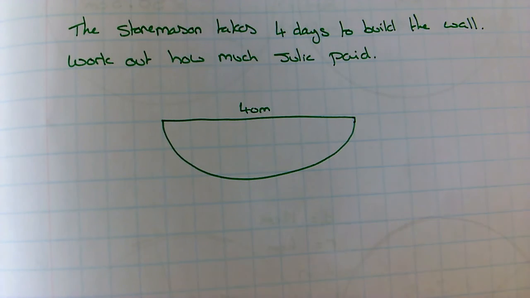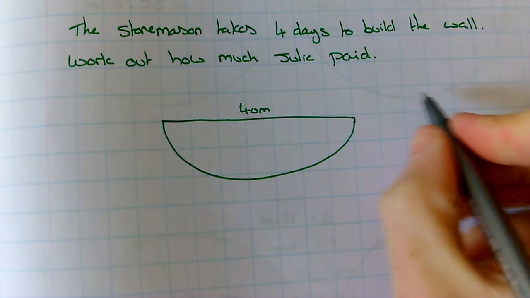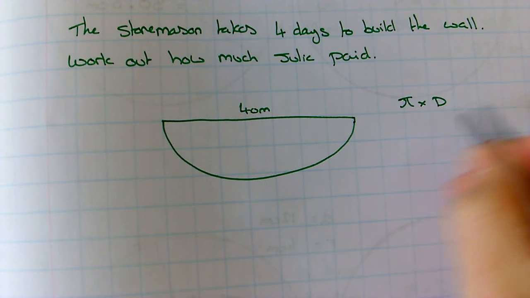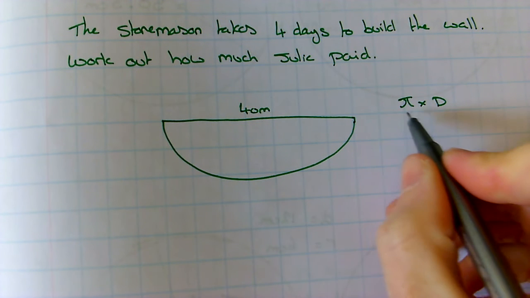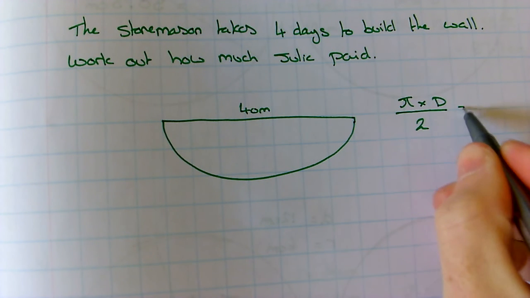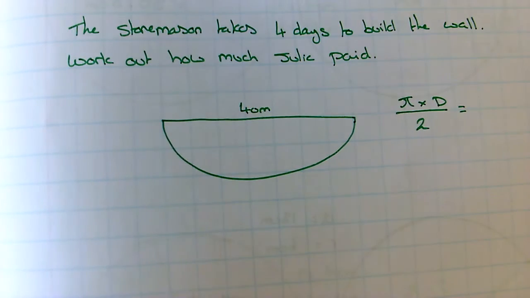Okay, so from here we could do some working out. We could work out the distance around the edge of this semicircle. Now, if it was a whole circle, we'd be doing pi times d, but because this is only half of a circle, we're going to go pi times d over 2, and that's going to get us the distance around the curved part of this semicircular garden.